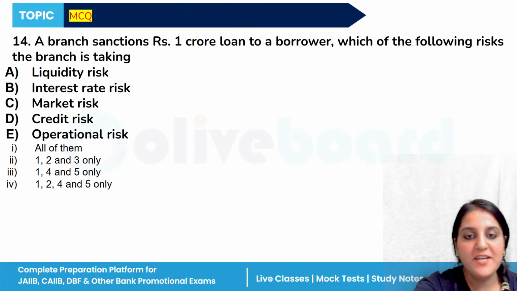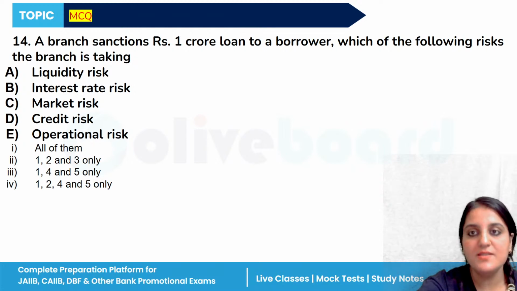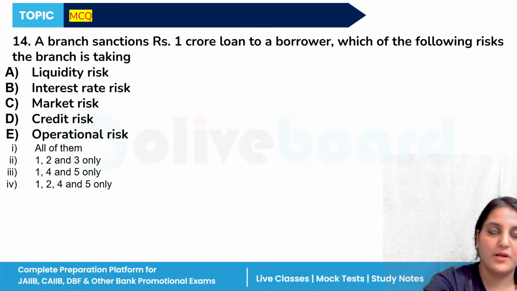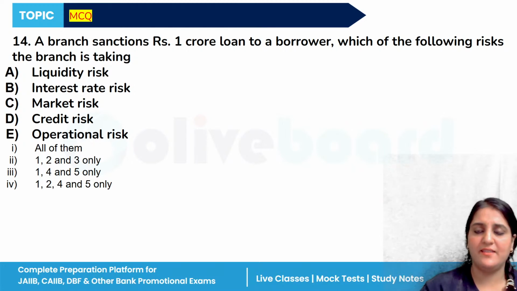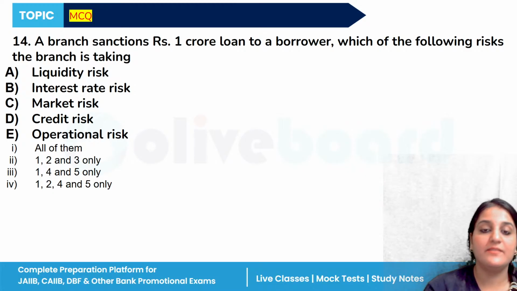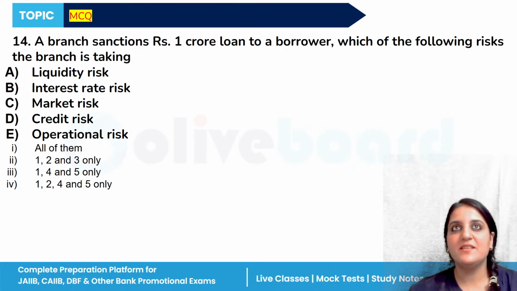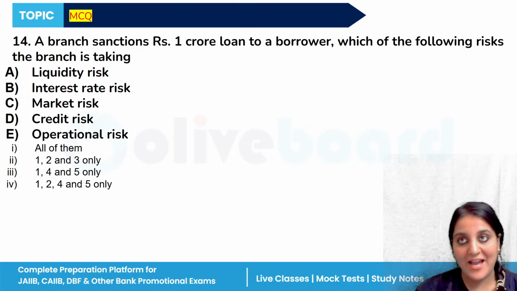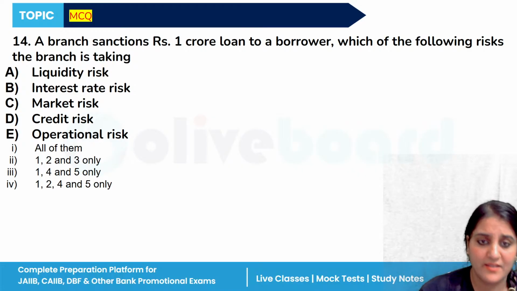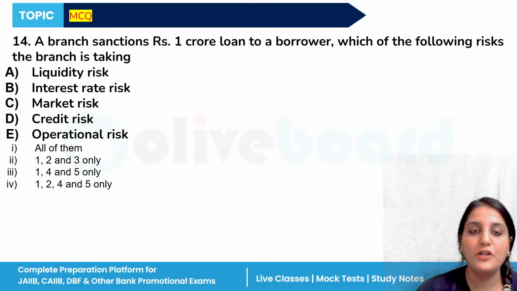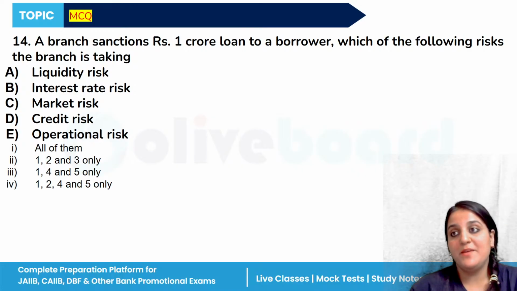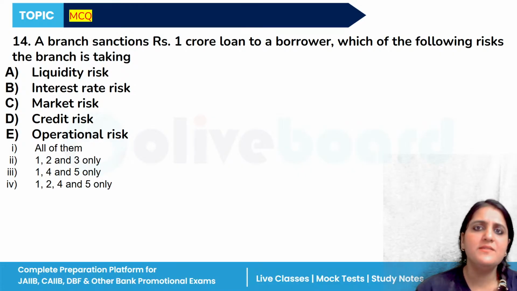See, when a branch sanctions a loan to a borrower, the primary risk it takes is the credit risk. Why primary risk? Because in this risk, the borrower will default on the loan, meaning they will be unable to pay the interest or principal.